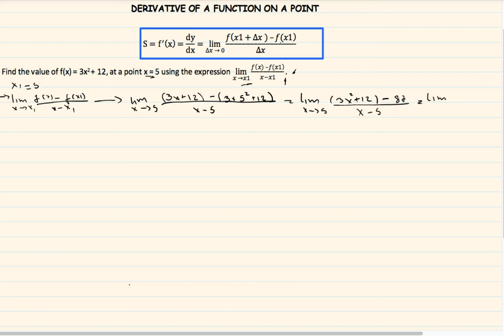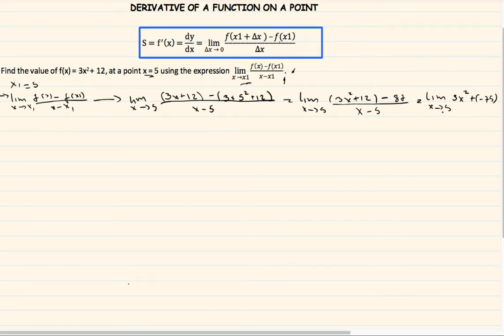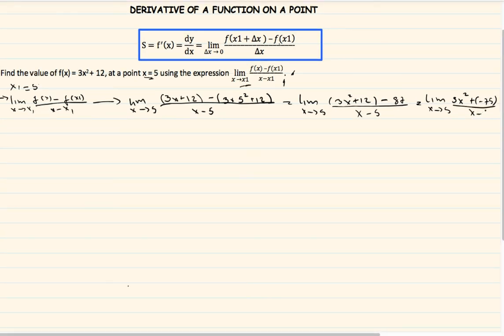If you continue, as x tends to 5, we have 3x squared plus 12 minus 87, so this is minus 75, divided by x minus 5.